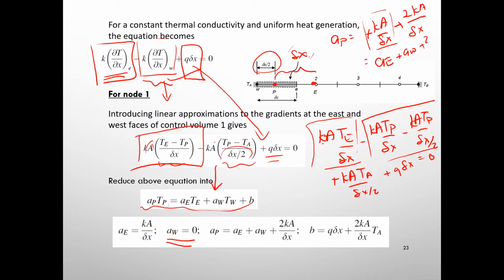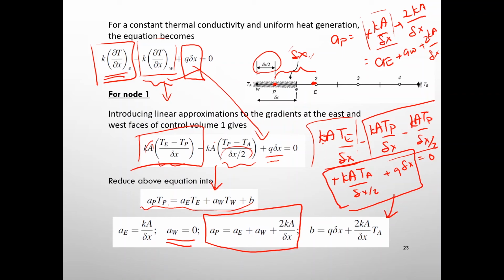So what we get is 2 Ka over del x. That's how we get these terms, and the rest is the source term. This is the source term, so this goes in here. So these are all the AE, AW, and AP for node 1.